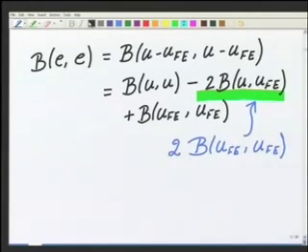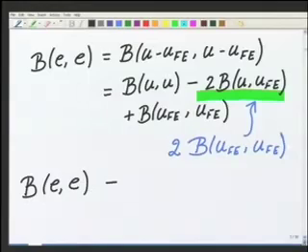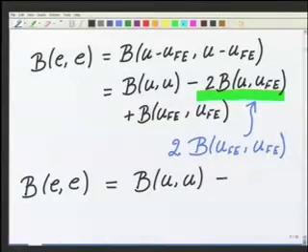So b(e, e) becomes b(u, u) minus b(u_fe, u_fe).